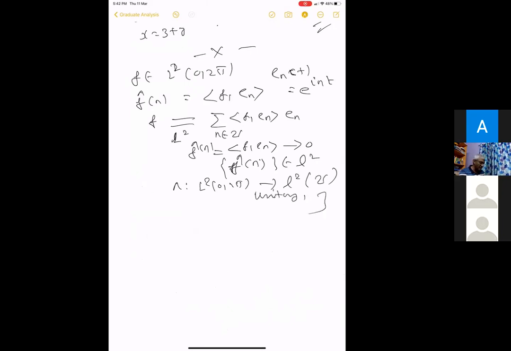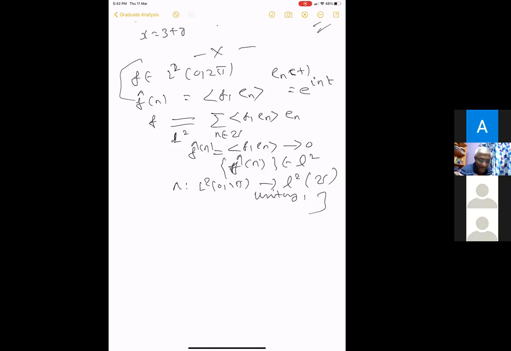This is the L2 theory. We are just taking an orthonormal basis, e_n. So this ⟨f, e_n⟩, f hat of n going to 0, is what is called the Riemann-Lebesgue lemma in the discrete case. Here it is true for a function in L2, but it is in general true for an L1 function also. That's the Riemann-Lebesgue lemma.